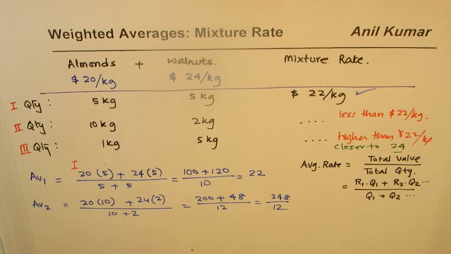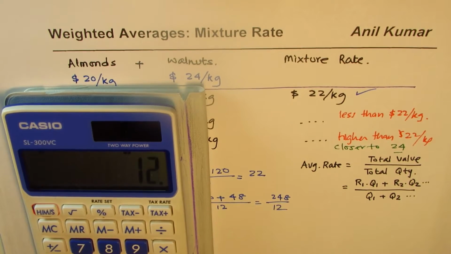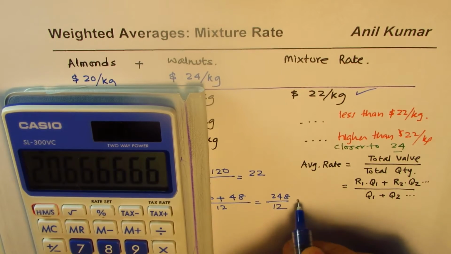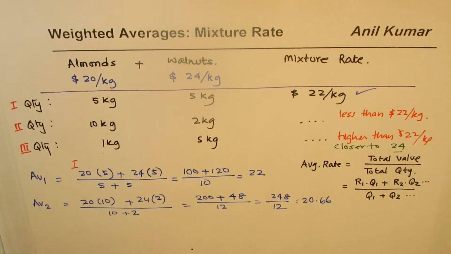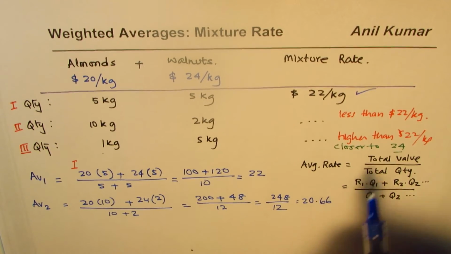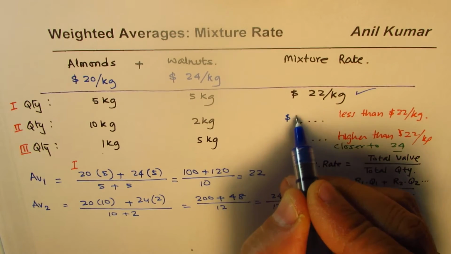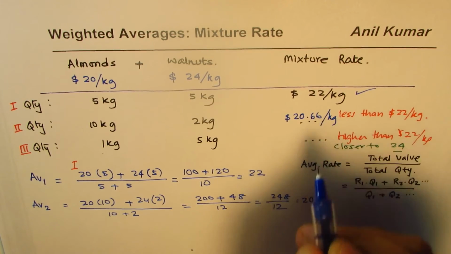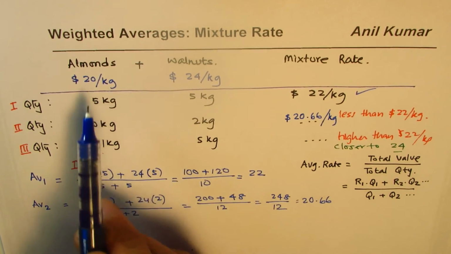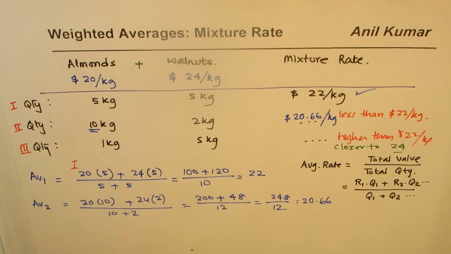Let's calculate this: 248 divided by 12 equals 20.66. So that is the rate. What do we expect? Less than 22. We got it. The value is $20.66 per kg. The reason is it is closer to almonds since the quantity for almonds is higher.